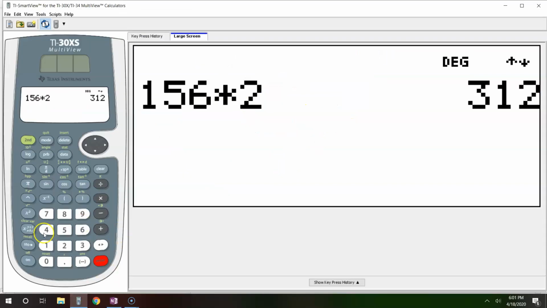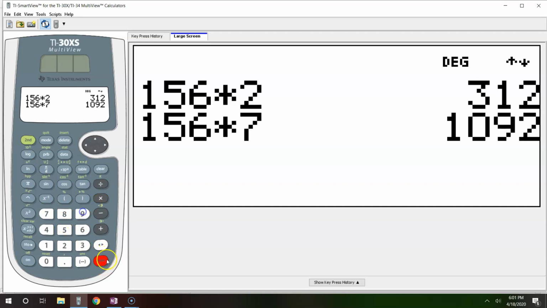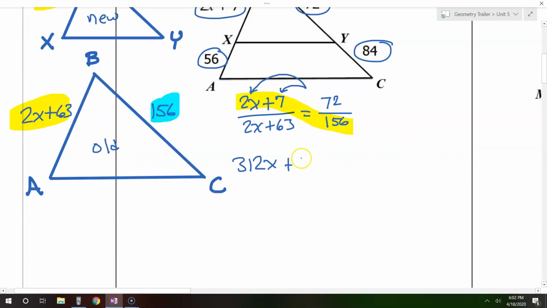Now 156 times 7 is 1092. All right, now we need to multiply this diagonal. And again, I am doing the distributive property. So I'm going to take this 72 and I'm going to multiply it times the 2x and the 63.